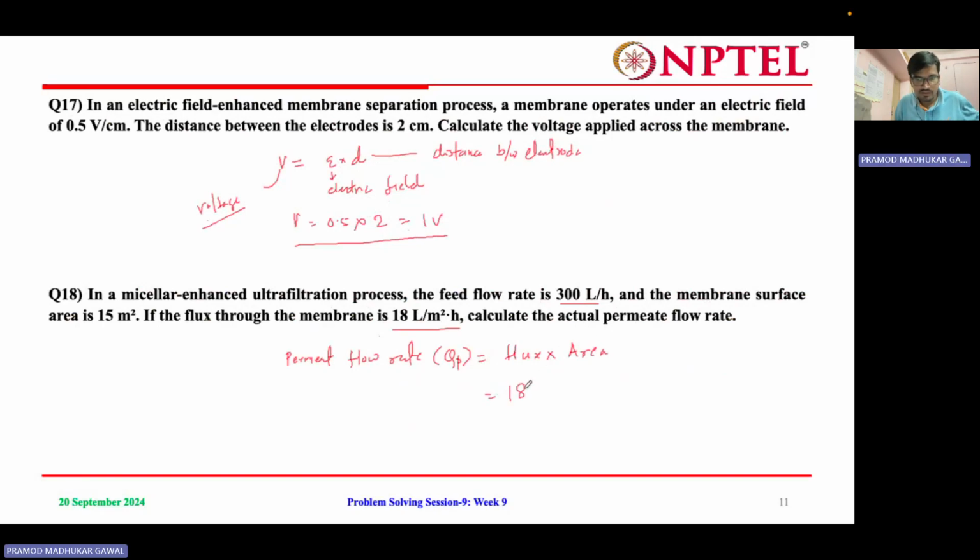So 18 into 15 meter square, so you have a flow rate of 270 liter per hour. This is the actual permeate flow rate.